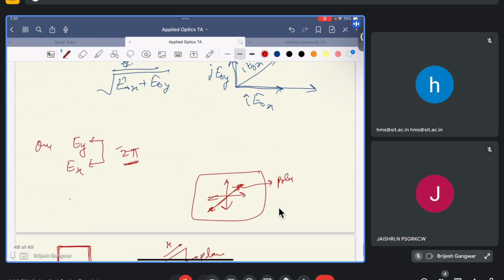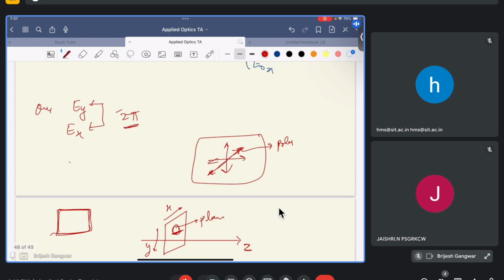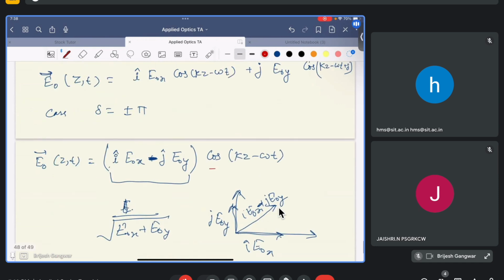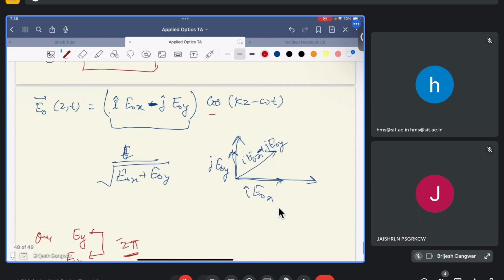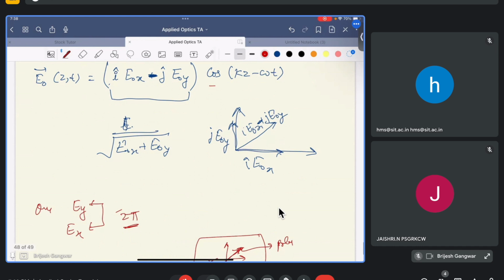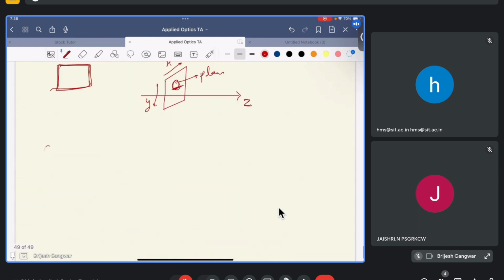And if you combine these two waves of different polarization, or one linear polarization, the resultant wave will also be linearly polarized light if they have the phase difference of pi. So this depends on the phase difference between these two waves. Now the second term comes: circular polarized light.